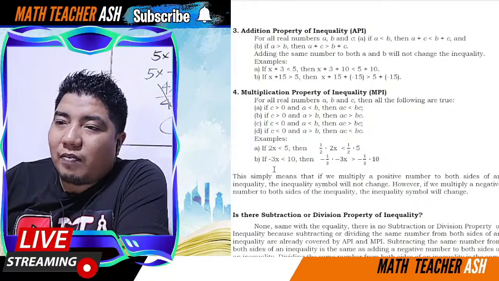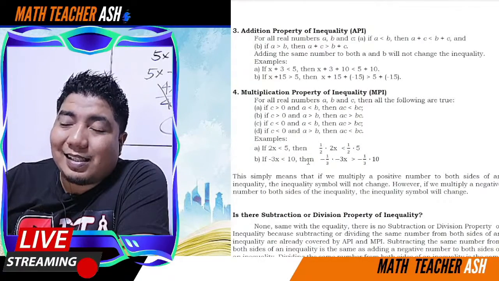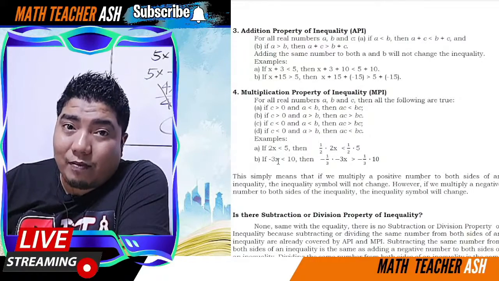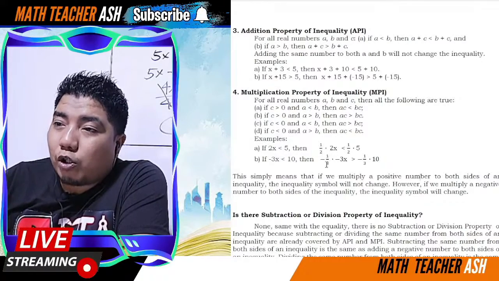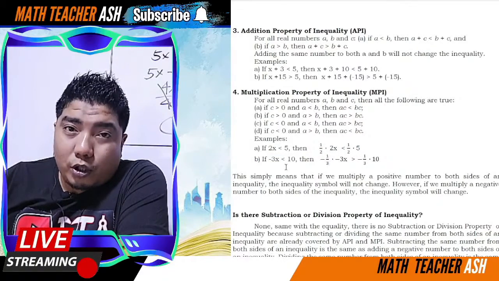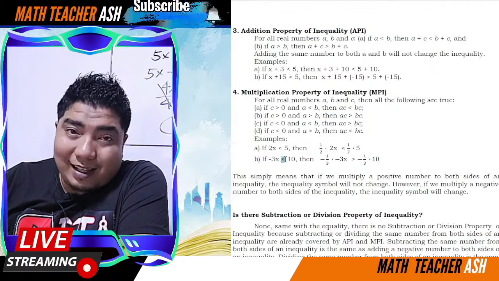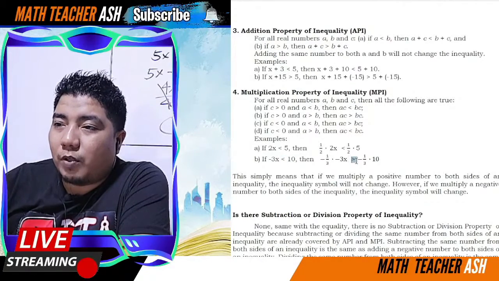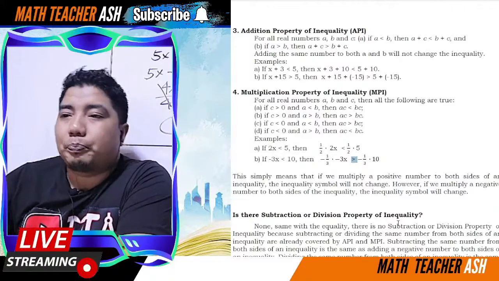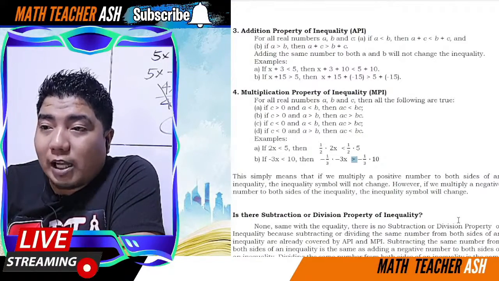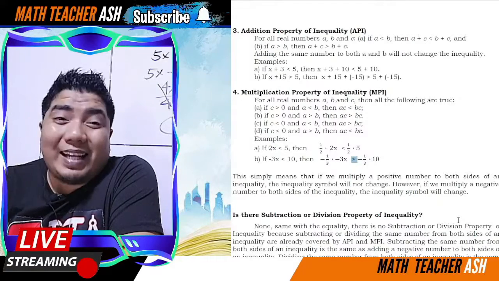However, if you have negative 3x is less than 10, of course, ang i-multiply mo dito is negative 1/3. Tama? So, when you multiply negative 1/3, the inequality symbol will change. Okay? It will become opposite. This simply means that if we multiply a positive number to both sides of an inequality, the inequality symbol will not change.